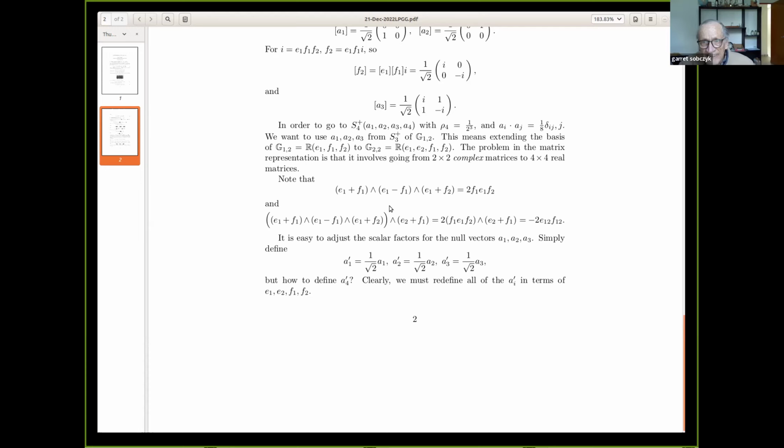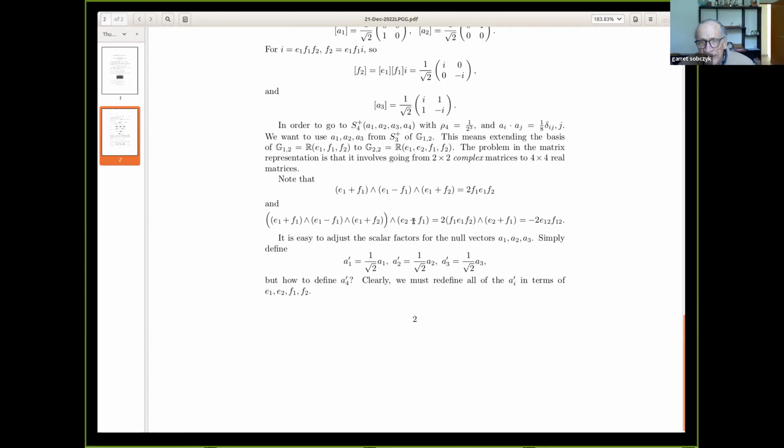Again, we are noting the fact that E1, E1, and E1 are used to define the geometric algebra G12. But now when I allow E2, that defines the nilpotent again, E2 plus F1, that's a nilpotent because these are anti-commutative.